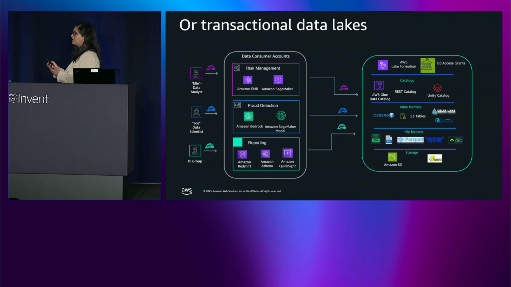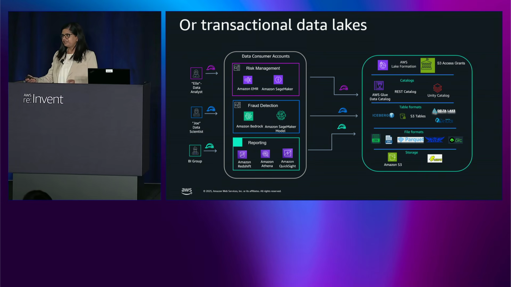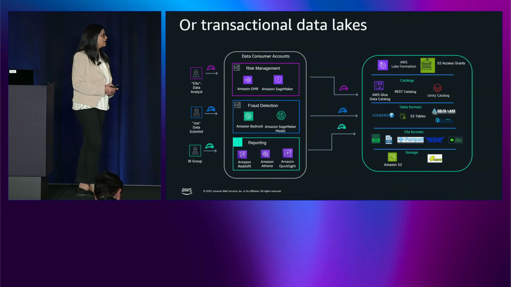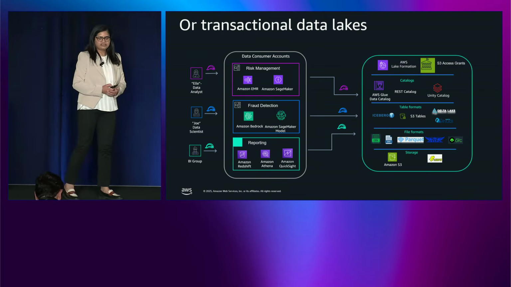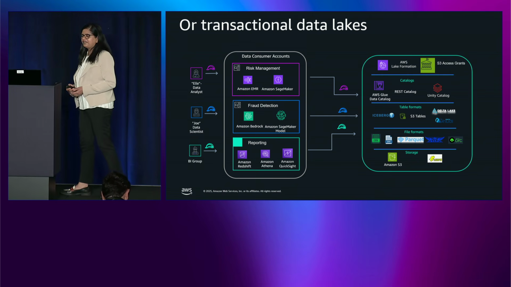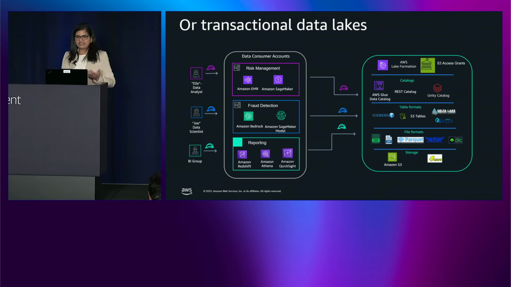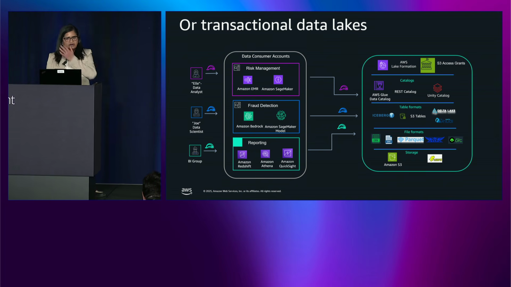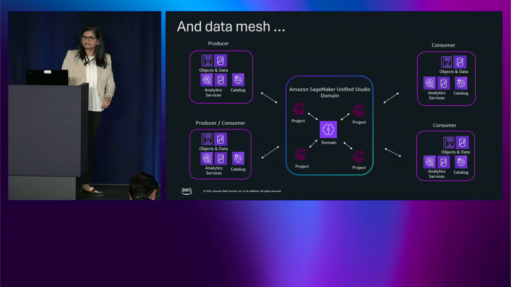Now, if you extend the example to transactional data lakes or lakehouses that you're building with your BI applications, more challenges layer on where you need to support open table formats and also be able to manage different catalogs. Maybe it is the Glue Data Catalog, or maybe you want to federate to a third-party catalog like Unity or the Horizon catalog.